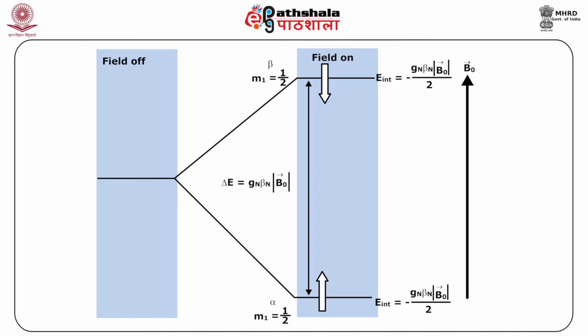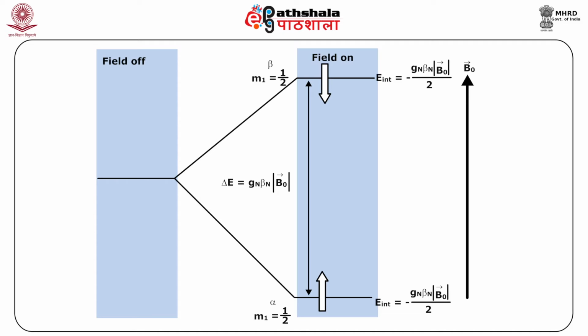As with compass needles in the Earth's magnetic field, the more favorable energy state is the one corresponding to alignment with the field. Since the interaction energy is negative for this state, the energy difference between the states, delta E, is found to be proportional to the strength of the applied field B0 at the nucleus. Actually, delta E is equal to g_n beta_n B0. As you can see, since mI is equal to plus half or minus half, the difference is equal to 1.